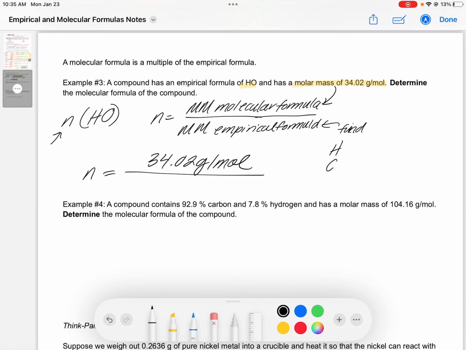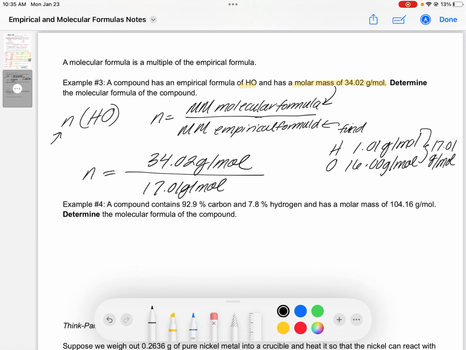We have 1 hydrogen, 1 oxygen. Hydrogen has an atomic mass of 1.01 grams per mole. Oxygen has an atomic mass of 16.00 grams per mole. When we add them together, we get 17.01 grams per mole, 2 decimal points for sig figs. And we'll put that in our denominator here.